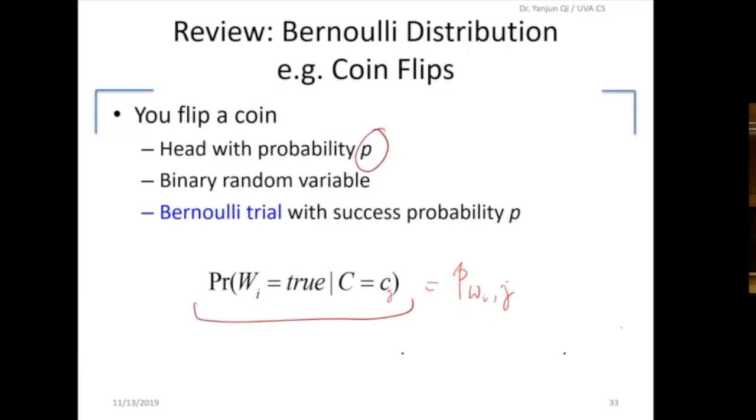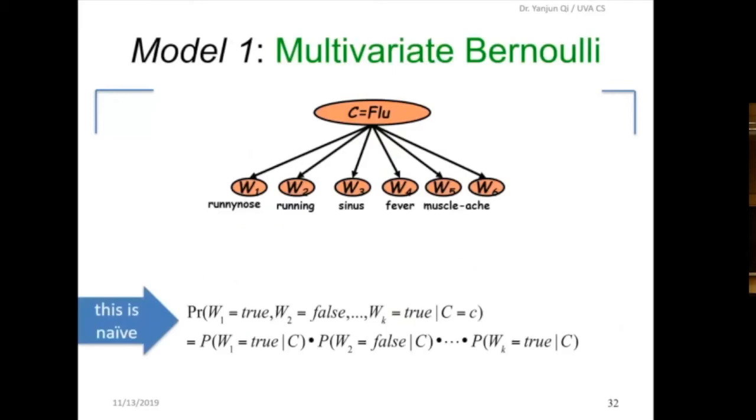All right, so how do you estimate each P(W_i = true) conditioned on C_j? This is because of Bernoulli, right? As long as you know p hat, it's enough to know the Bernoulli distribution, and then you need to estimate P(W_i | C_j), where i is from all the vocabulary words, and j is from 1 to all the L classes.